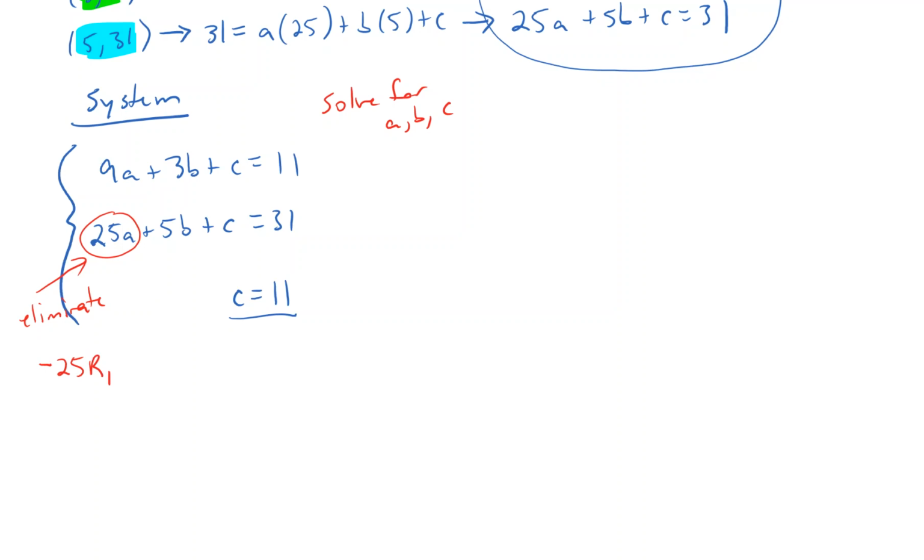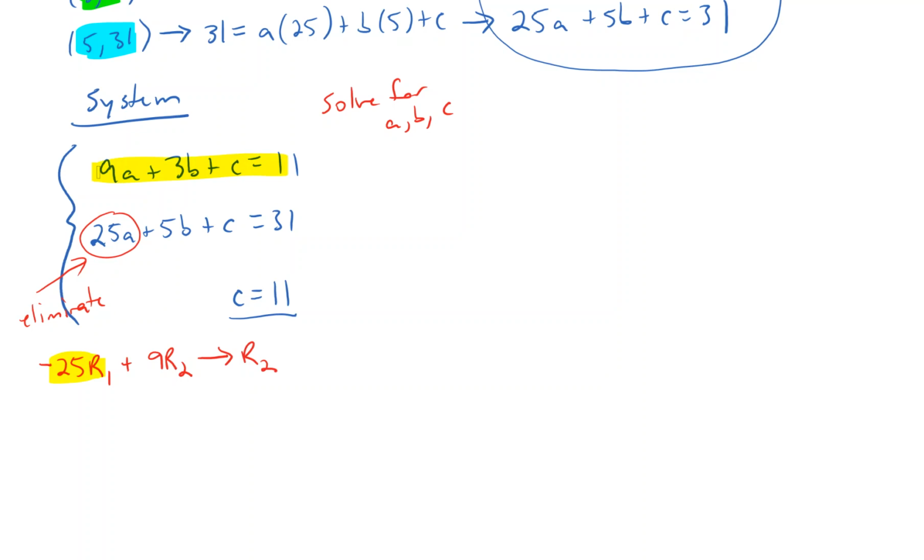And then I'm going to multiply row 2 by 9, because that's going to make that positive 225, which will add to my negative 225 to get 0, which is what I want. So when I multiply these and add them, I'm going to get a new row 2, giving me a 0 in the a spot. The way that looks is negative 25 row 1, I'll do first.